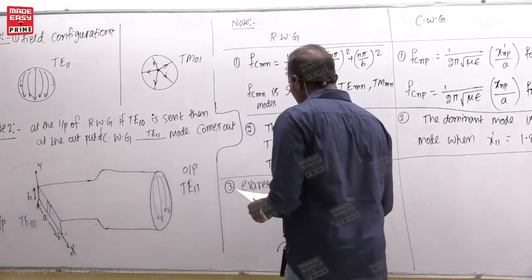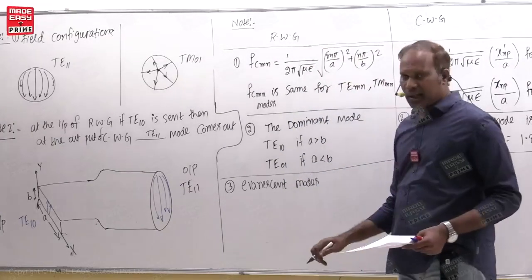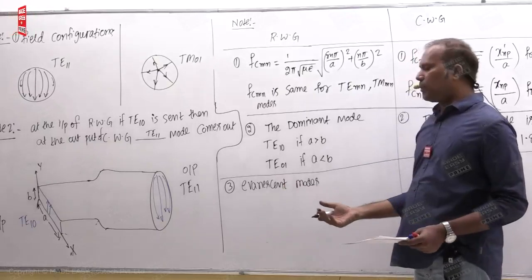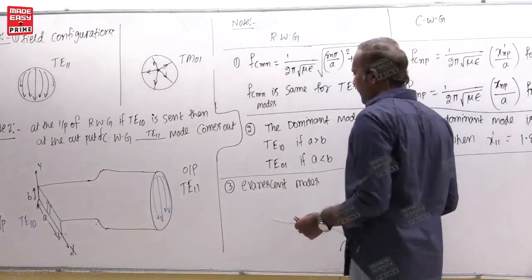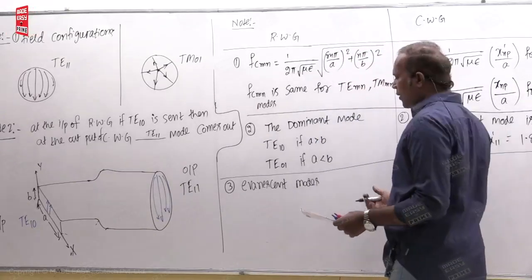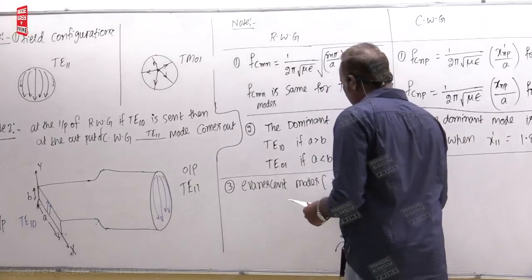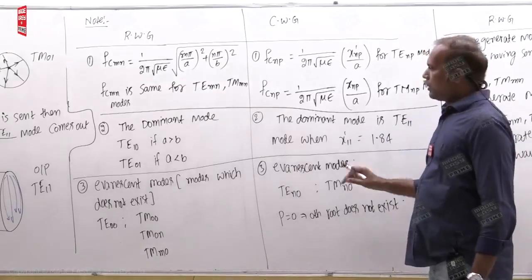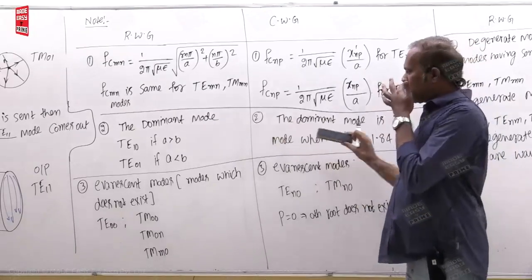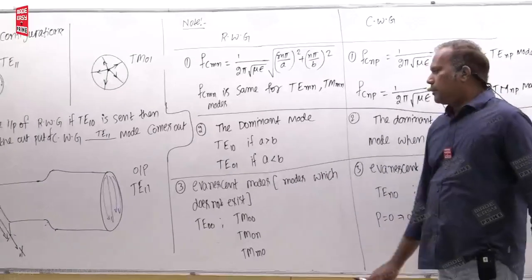Then the third point regarding evanescent modes. Evanescent modes means what, student? Modes which do not exist or modes which have attenuation, both are called evanescent modes. Modes which have attenuation, alpha should be there. So dear students, now dominant modes we have seen. Now evanescent modes.